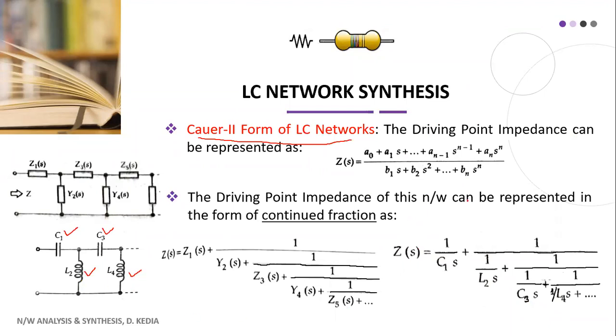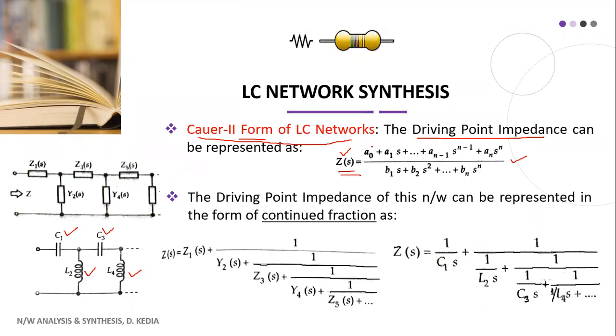Now, in the case of the Cauer 2 form of LC network, the driving point impedance is represented like this. I hope you are able to make out the difference between the representations of the driving point impedance. If you look at this driving point impedance function carefully, in the Cauer 1 form we had represented our network function in the order of decreasing power, whereas here we have represented the numerator and denominator in the order of increasing power.